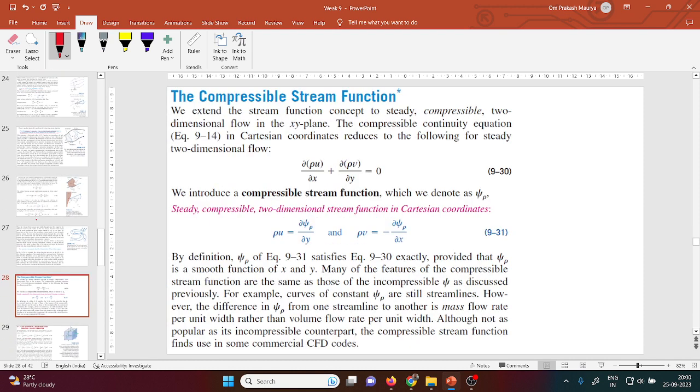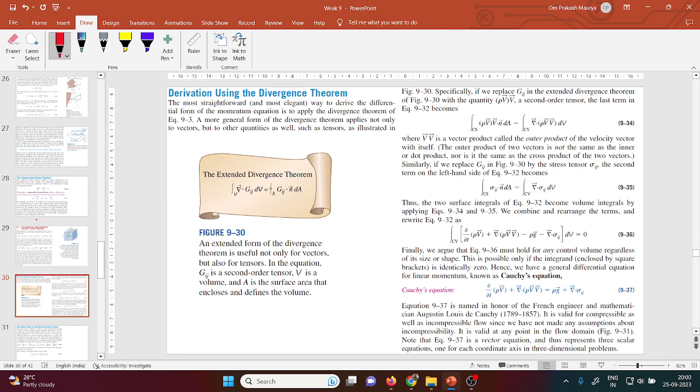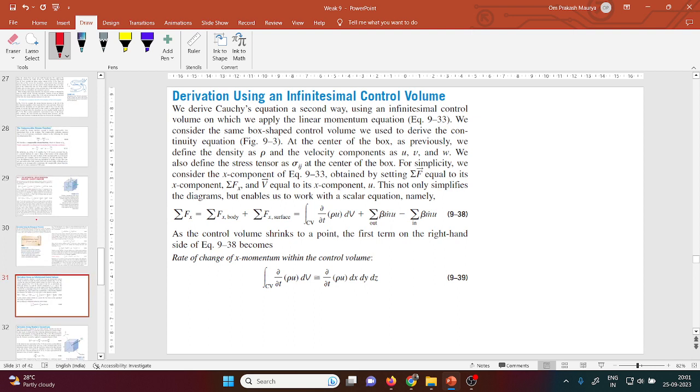The compressible stream function, you take the screenshot, and also the differential linear momentum equation, that is Cauchy's equation, how we will derive Cauchy's equation. This is given here. Derivation using the divergence theorem, how the divergence theorem is applicable to derive Cauchy's equation, and the derivation using the integral control volume concept.